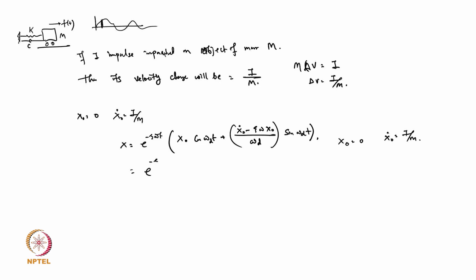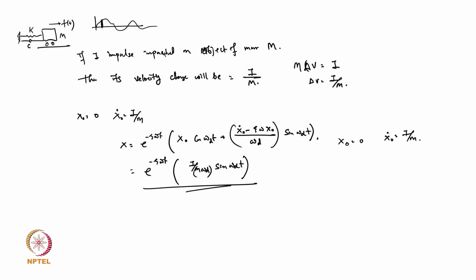So we get e to the power minus psi omega t into I by (m omega d) into sine omega d t. That will be the solution once the impulse is imparted on the object.